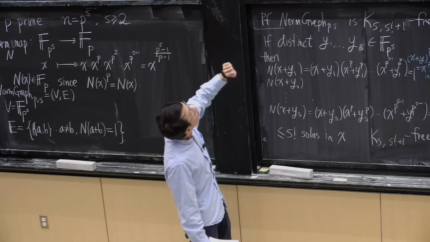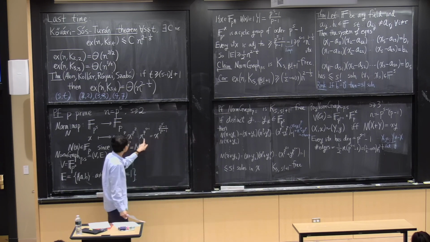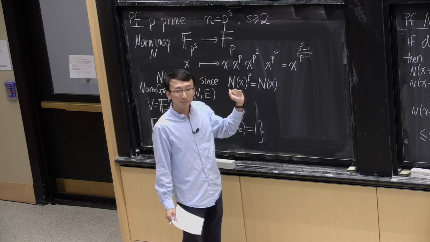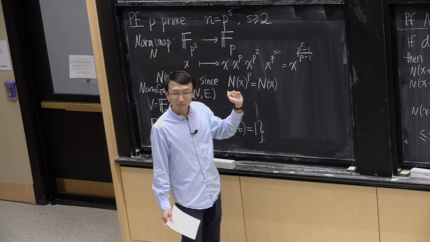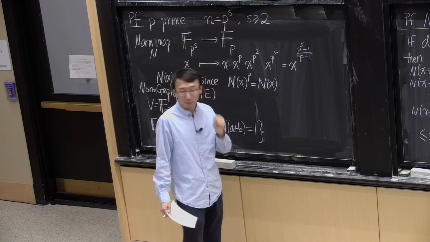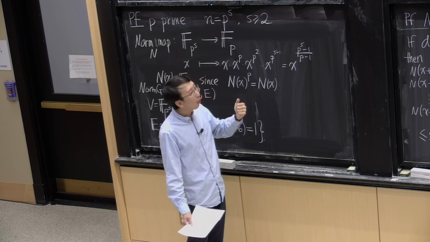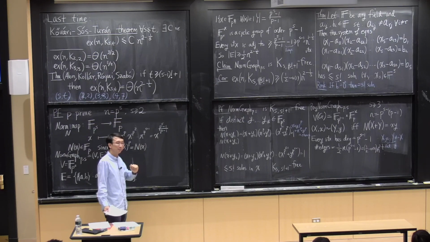And also in the norm expression, you have the correct number of factors. So I encourage you to try it: if you use a smaller or bigger value of s, you either don't get something which is K_{s,t} free, or you have the wrong number of edges. Any more questions?